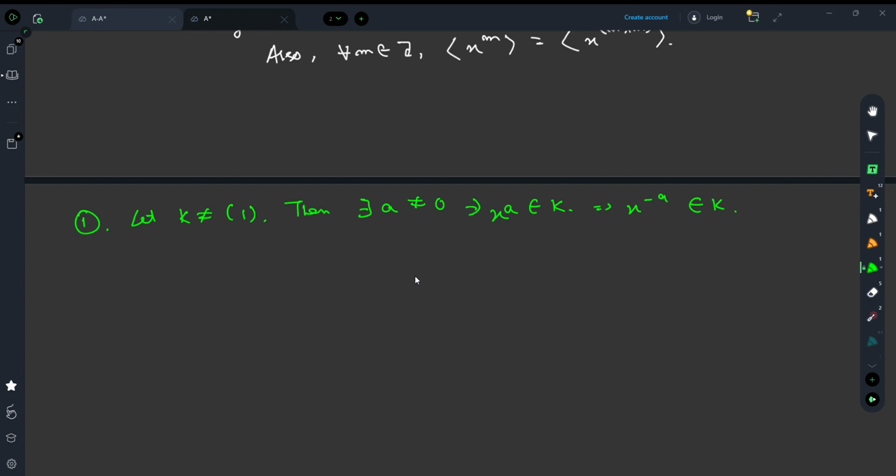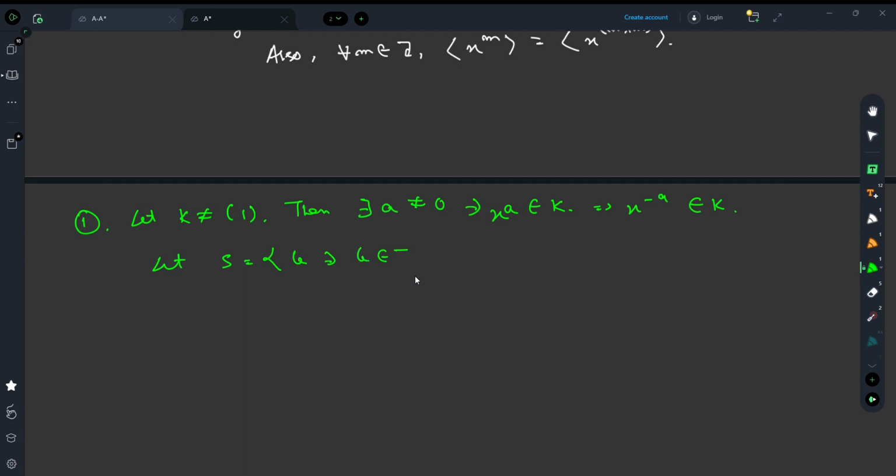So the obvious approach will be, these are integers, right? We are working with positive integers, right? So the obvious approach will be the well ordering principle, the well ordering principle of natural numbers. That will be the obvious approach to find some smallest element. So what we do is that we consider a set.